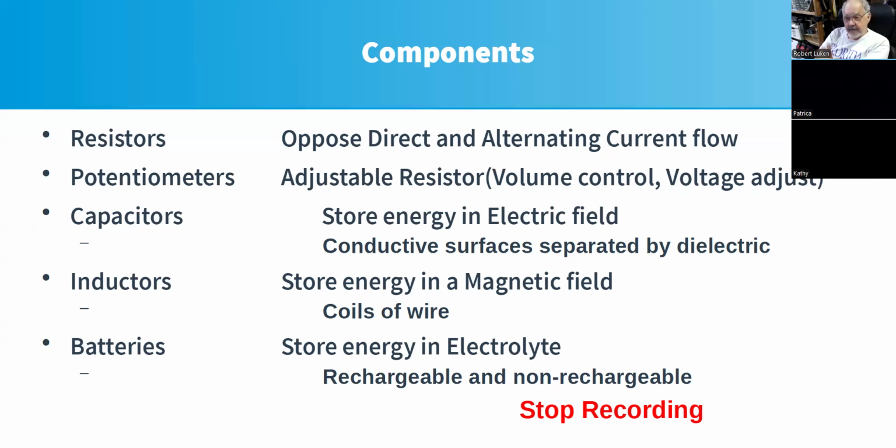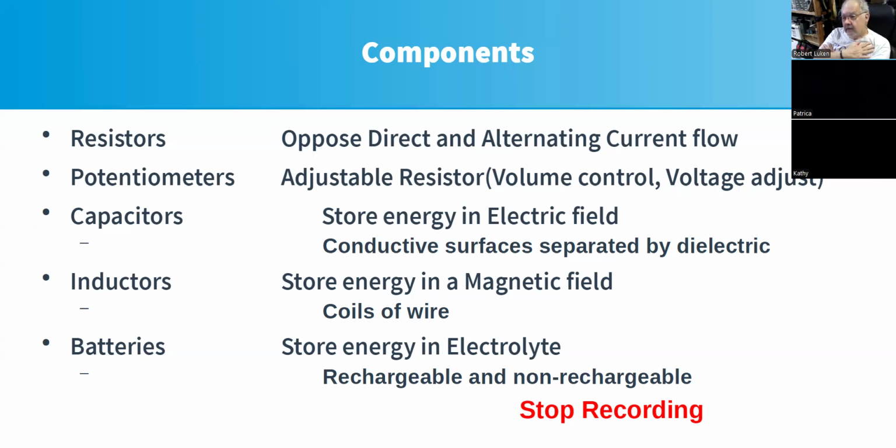We had batteries, which also store energy, but they do it typically in some form of electrolyte. And you can have rechargeable and non-rechargeable batteries. There's questions about those. Remember that a lead zinc battery is rechargeable. A flashlight battery, or carbon zinc, is not.